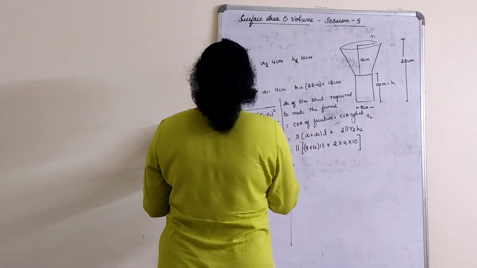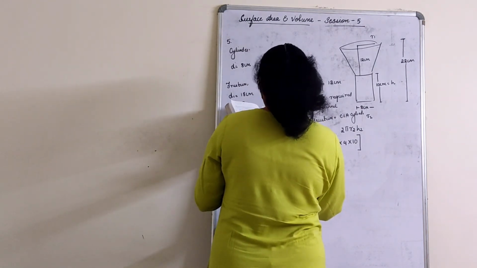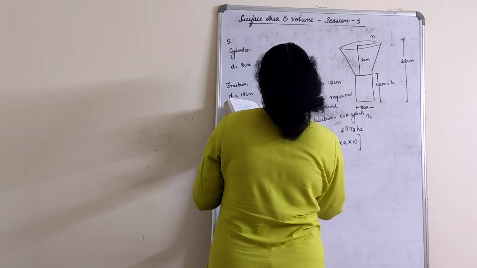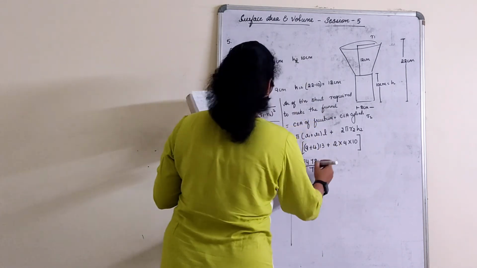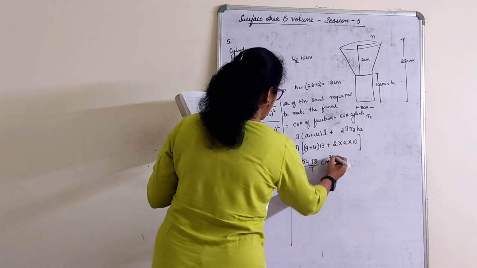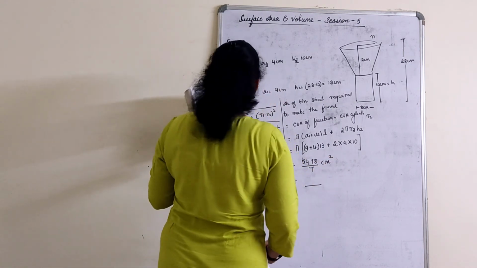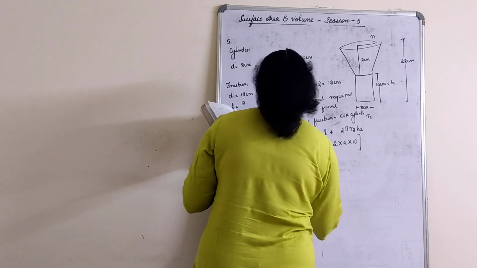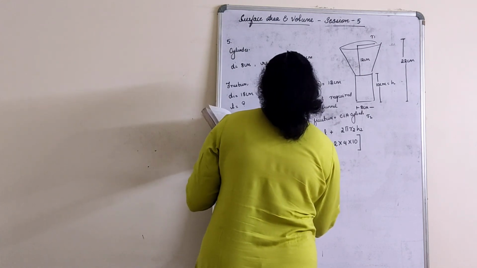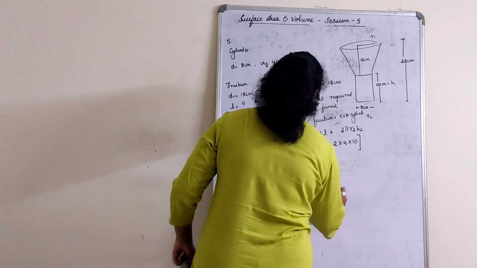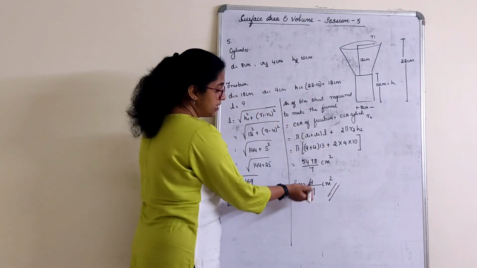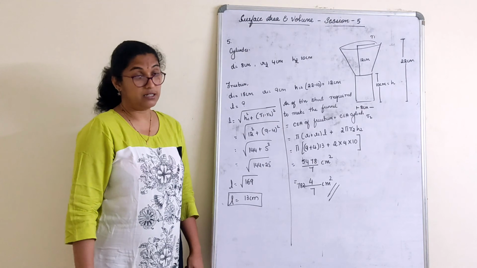Simplify this total, and you will get the answer as 5478 divided by 7 centimeters squared. It's an improper fraction. Convert that into a mixed fraction if you want. 782 of 4 centimeters squared. Can this be the answer or this can be the answer?